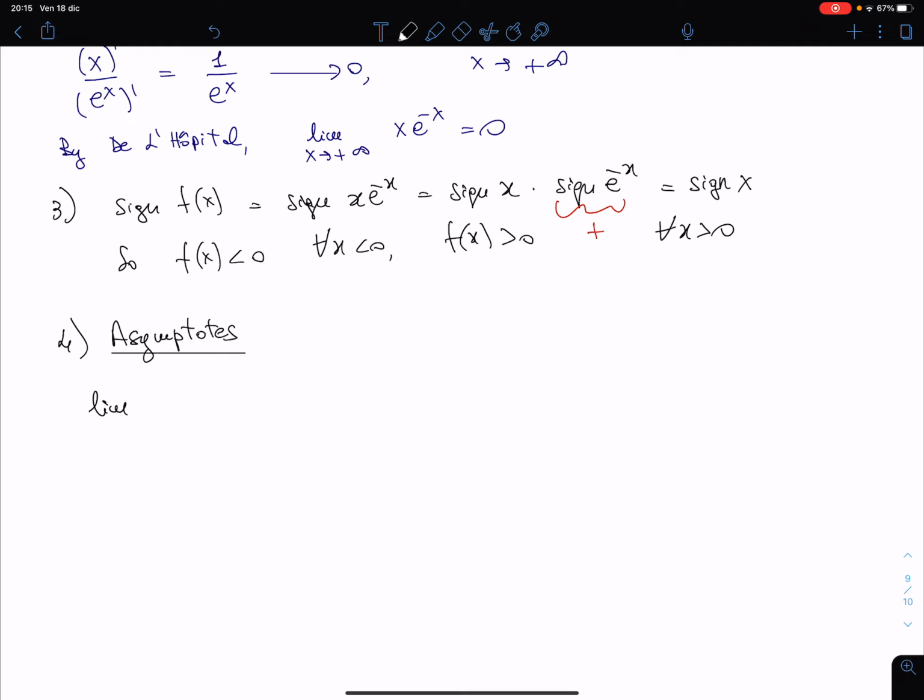Since the limit for x going to plus infinity of f of x is equal to 0, this means that y equal to 0, where 0 is a constant, the x-axis, is a horizontal asymptote on the right, because it is plus infinity.